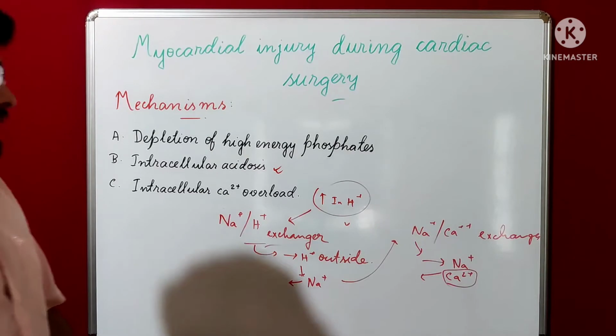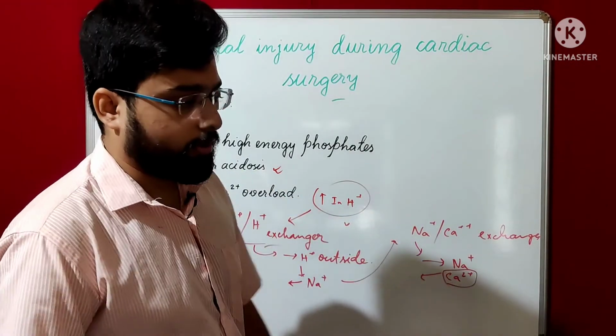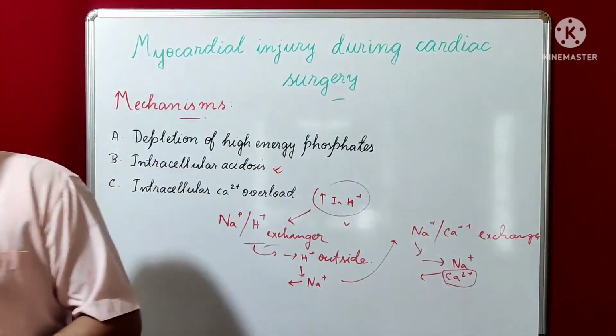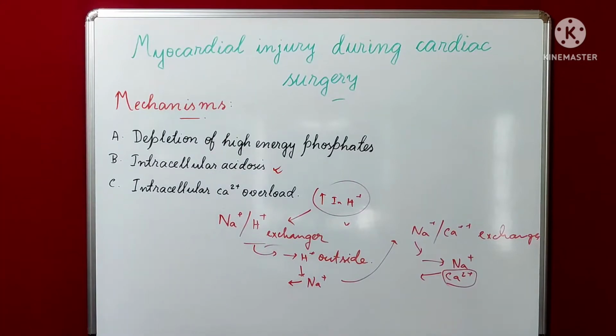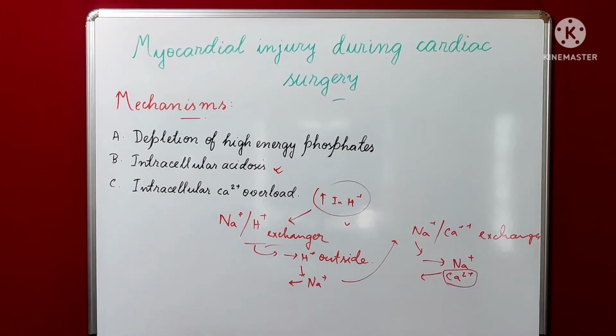Now we all know that calcium is a very important ion for cellular contraction and relaxation, but when the concentration of calcium ion is high inside the cell, then it will be very harmful.